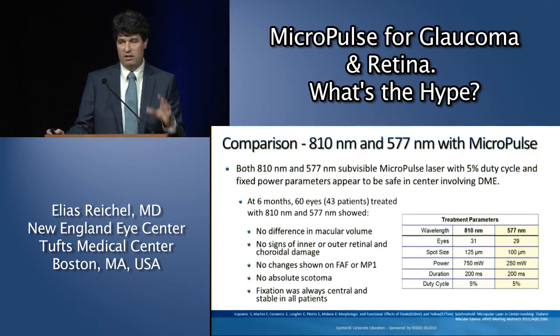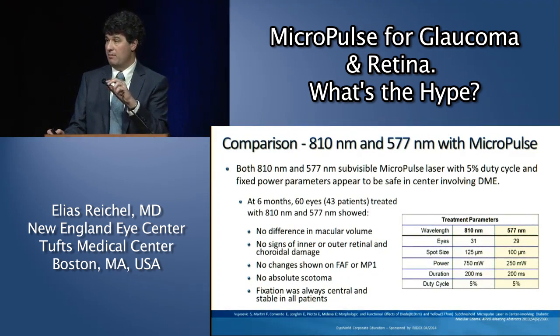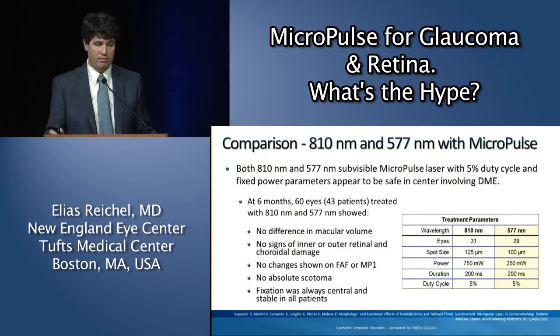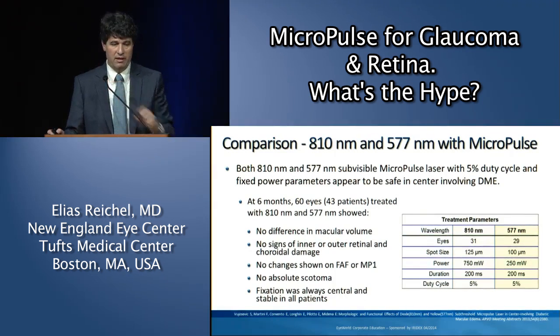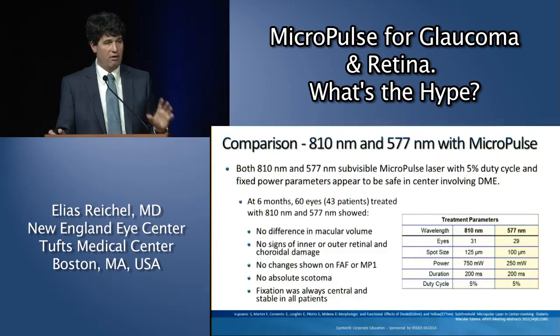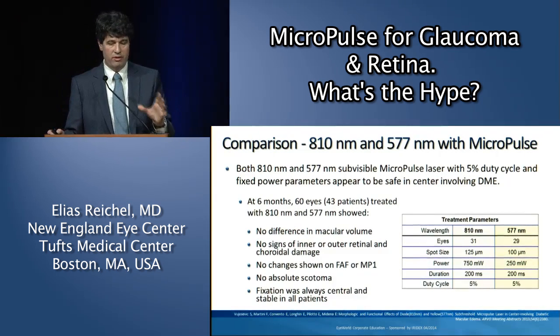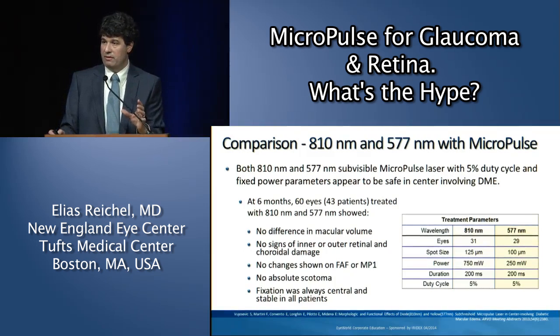So now we're going to transition into comparing 810 nanometer infrared micropulsing to yellow 577 nanometer micropulsing. And this work was very carefully done. These patients received very similar treatment protocols, but remember the power is different with infrared.